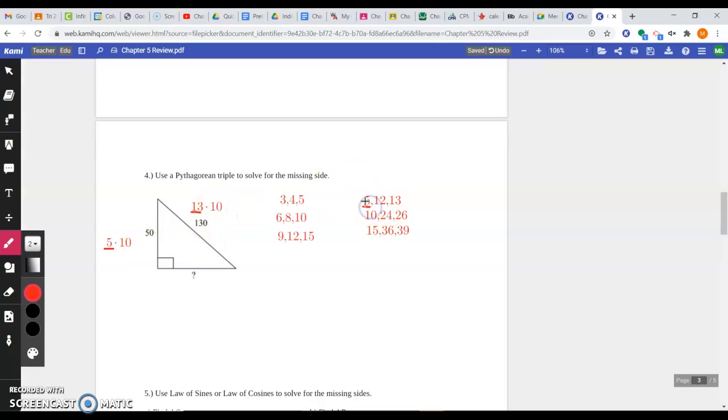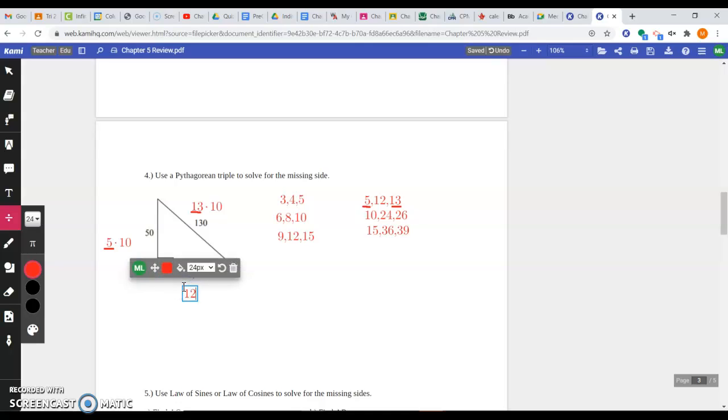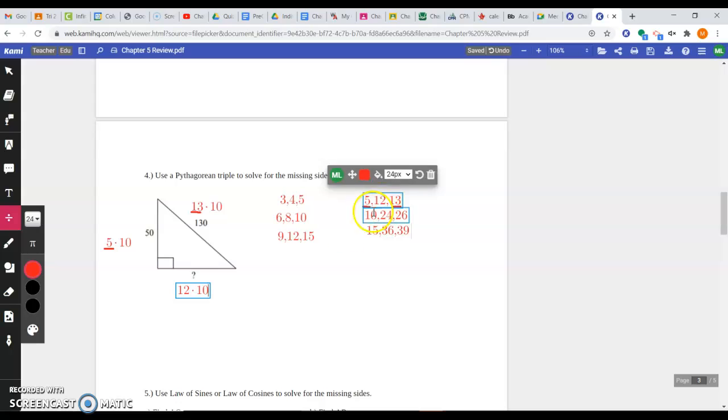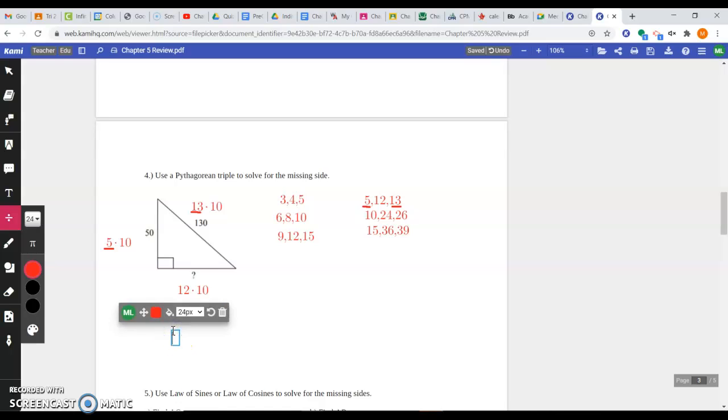So I have the 5 as one of my legs, the 13 is my hypotenuse, which leads me to conclude that my missing side would be 12 times 10, because it's this missing part, 12. I want to multiply it by the same thing, everything else got multiplied, and that gets me to the conclusion that the question mark here equals 120.